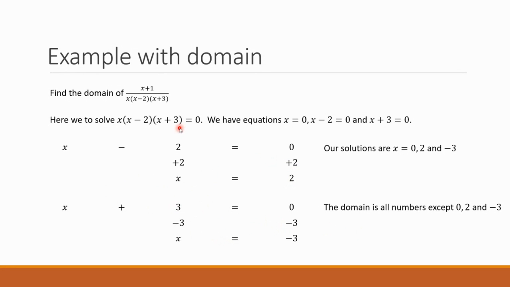So the solutions to this equation are 0, 2, and -3. The domain is everything else, so the domain is all numbers except 0, 2, and -3. Are there any questions on that?